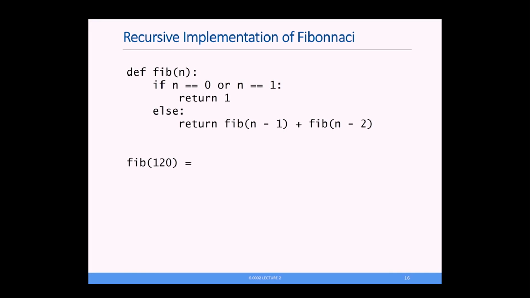If n equals 0 or n equals 1, return 1. Otherwise, fib of n minus 1 plus fib of n minus 2. And as I think you saw when you first saw it, it takes a long time to run. Fib of 120, for example, is a very big number. It's shocking how quickly Fibonacci grows.